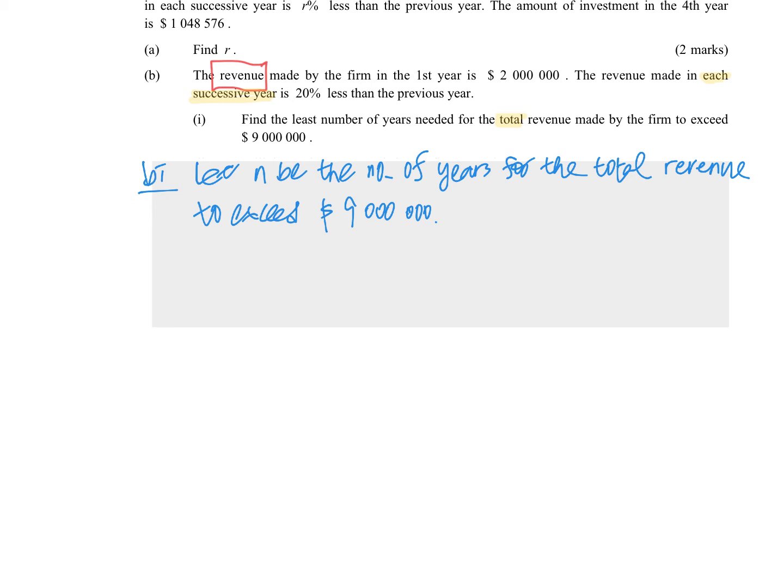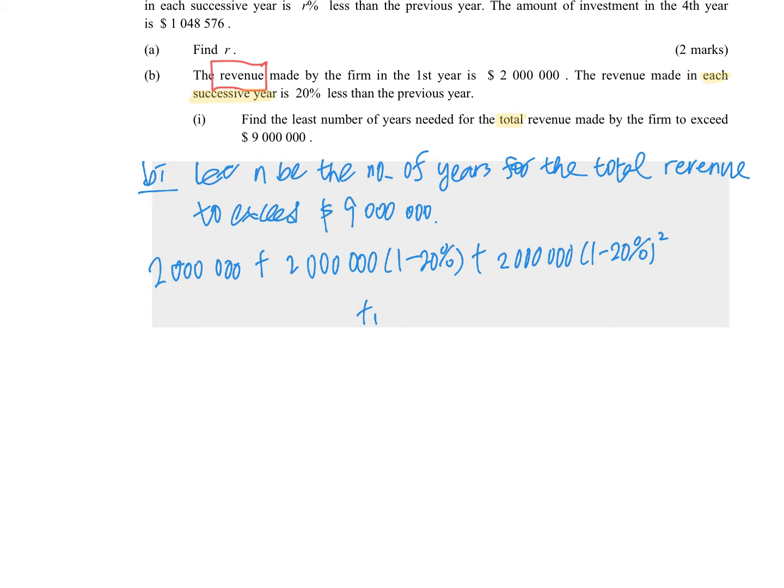As for the total revenue, the first year's revenue would be 2 million, and then the revenue for the second year would be 2 million times 1 minus 20%. And the next year, 2 million times 1 minus 20% squared.